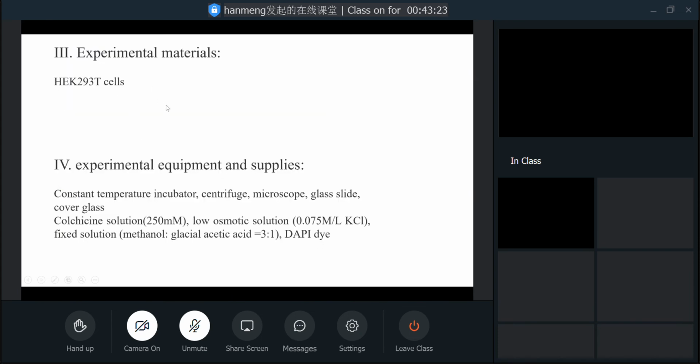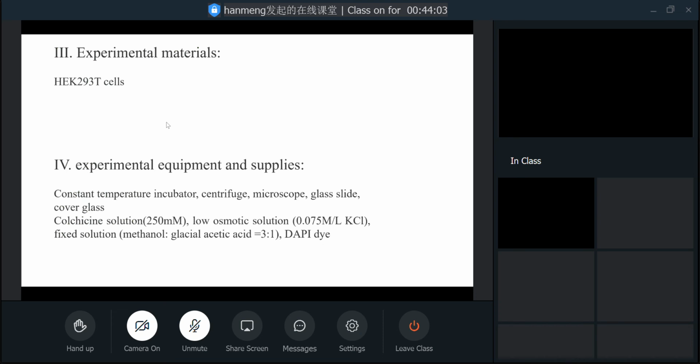Then later we will learn the experimental materials. Because we want to observe the human chromosome, we should use a human cell. In many experiments, papillary bladder cells are used, but we have no papillary cells, so we use some cultured human cells.